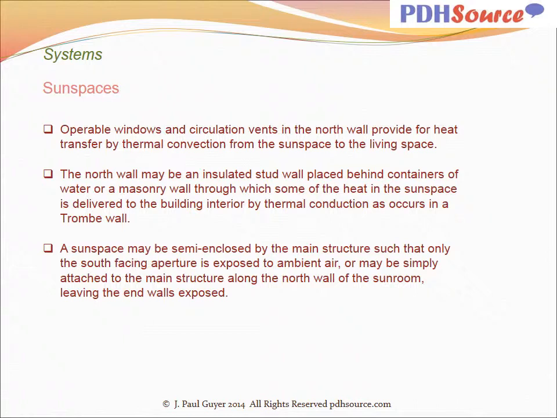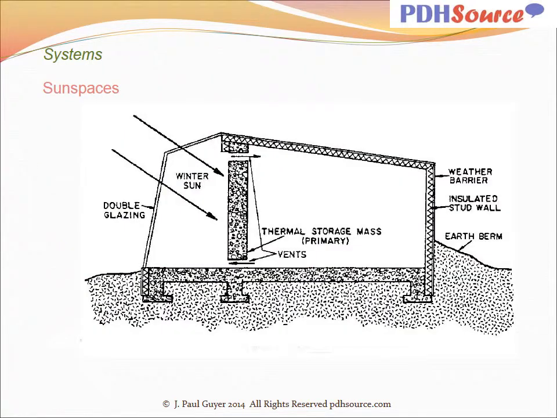A sun space may be semi-enclosed by the main structure such that only the south-facing aperture is exposed to ambient air, or may be simply attached to the main structure along the north wall of the sunroom, leaving the end walls exposed. The schematic here indicates the fundamental elements of a sun space.